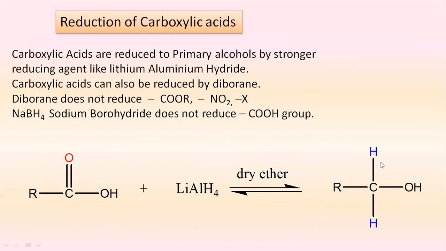One hydrogen forms a bond with the carbonyl carbon of the carboxylic acid group, and one hydrogen is with the carbonyl oxygen. Means the carbonyl C double bond O structure is converted into CH2 by the addition of hydrogen using the reducing agent lithium aluminum hydride.